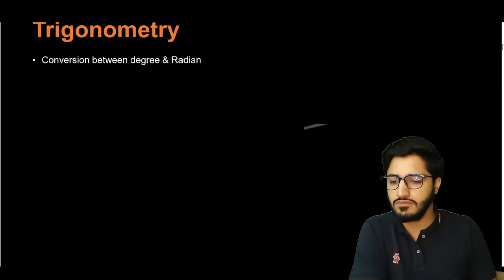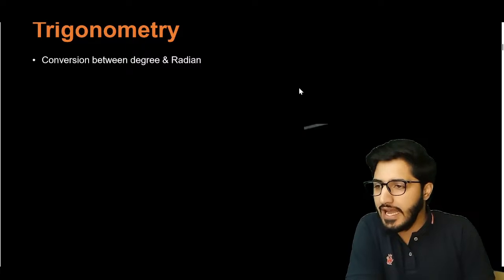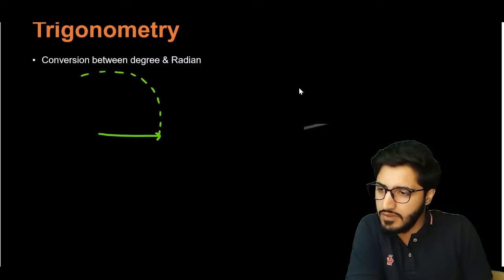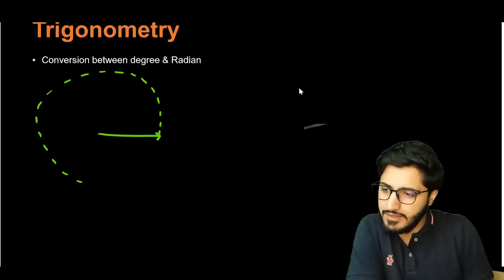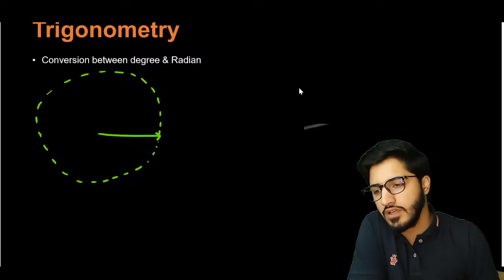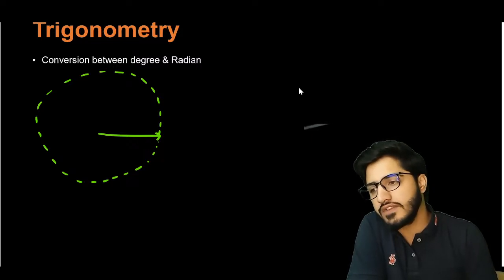Now look, if we have a line like this and we rotate this line, I think it is making a complete circle. So what would be the length of this dotted line?